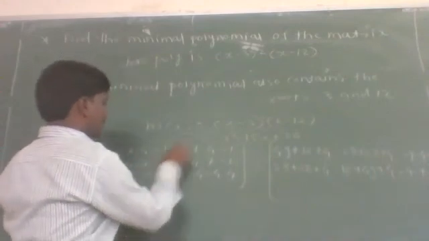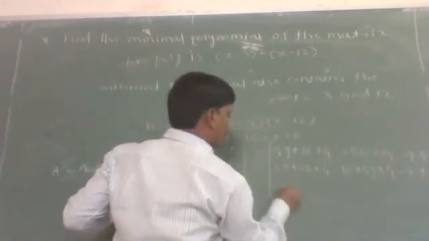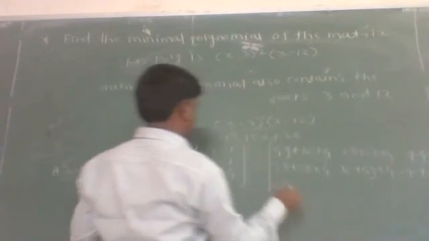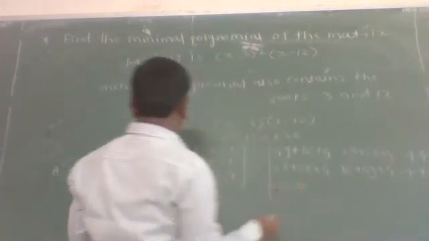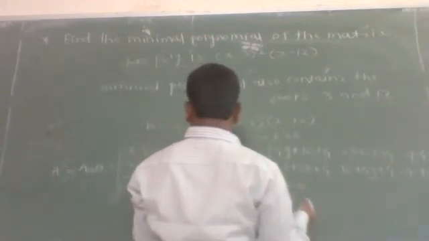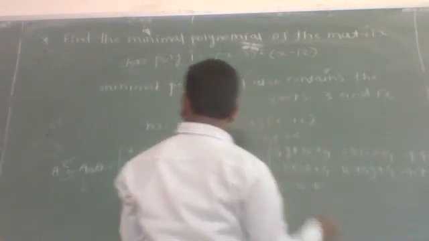Now, minus 4 into 7, minus 28, minus 4 into 4, minus 16, 4 into minus 4, again minus 16.